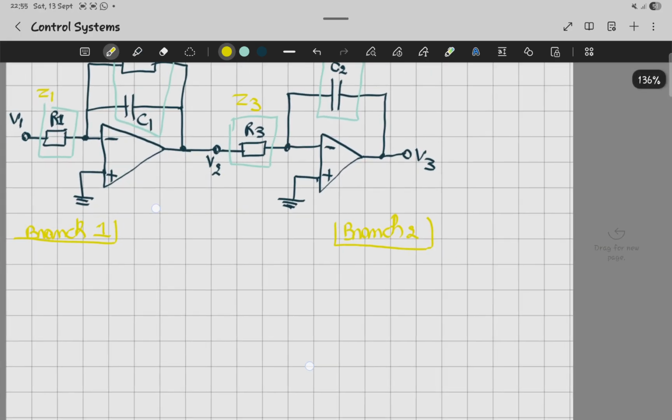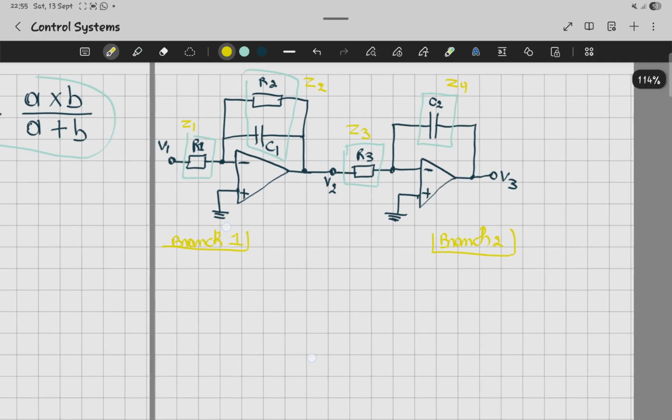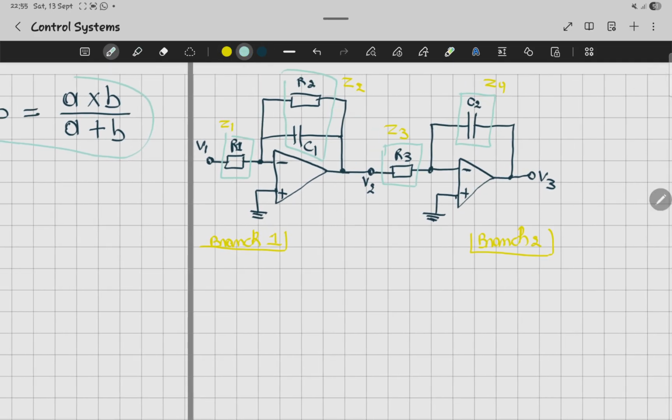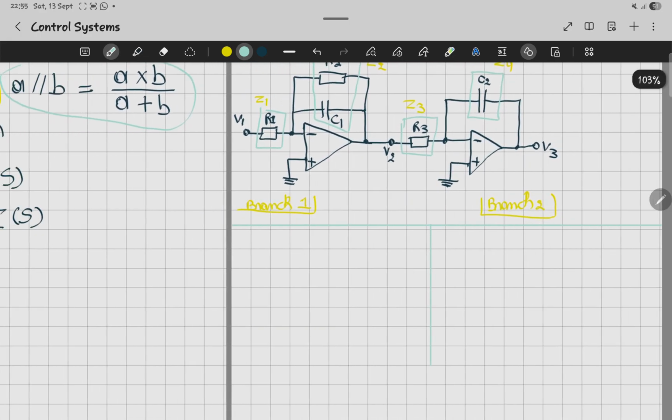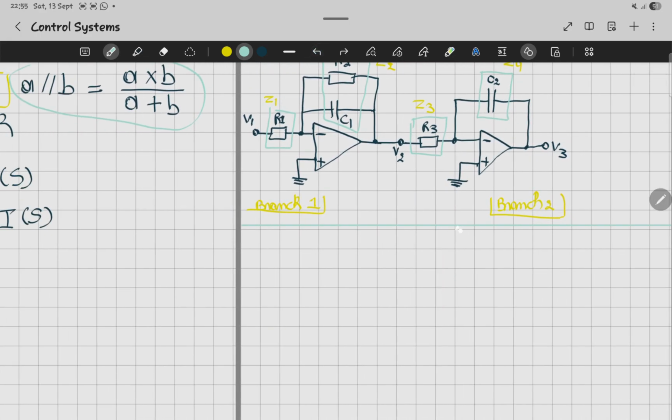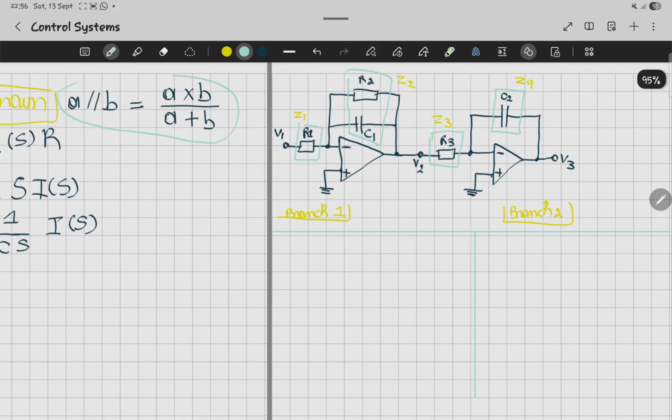We're going to break it down into two blocks, just to make it easier for us to solve. So what I'm going to do here is draw straight lines so we can have two equal spaces where we can solve it. We're going to take this part until Z2.